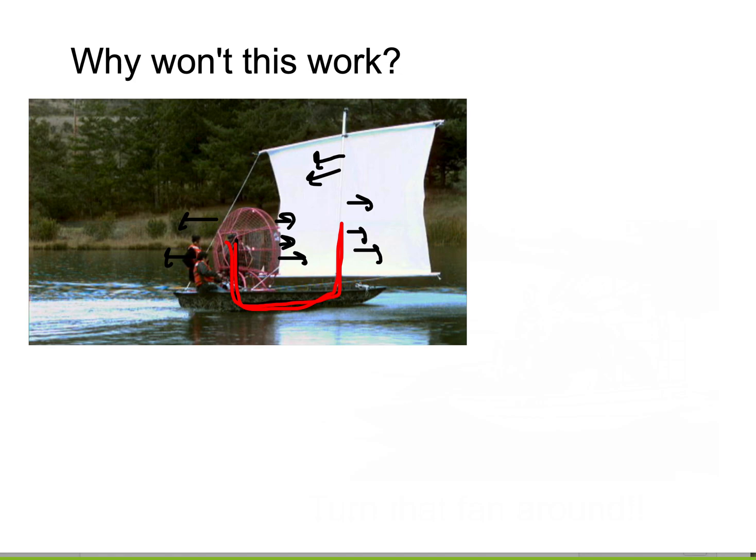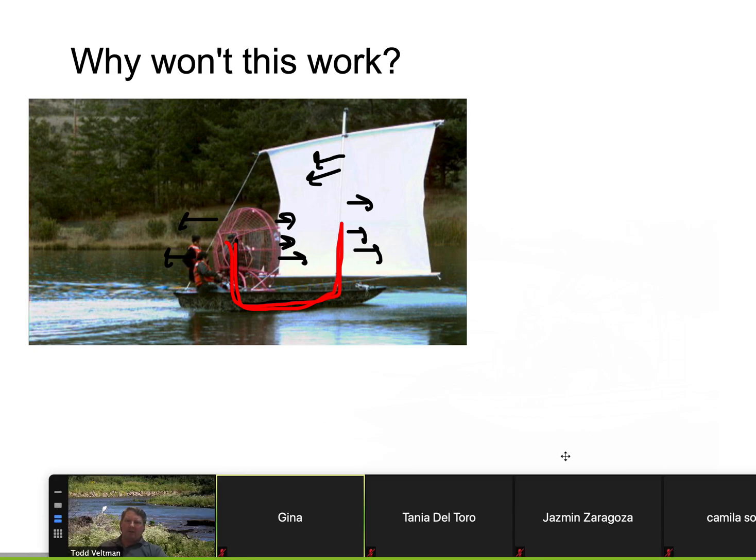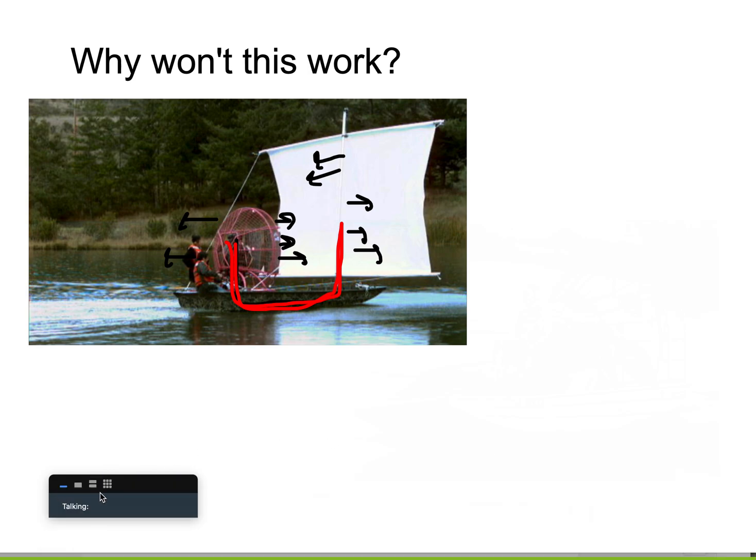How would I change this? Yeah, and I'm glad that someone actually wrote that down. So how could I change this so that it actually worked? So you could break the boat in half, and the way I would break it in half, I wouldn't actually break it in half. I would remove the sail.